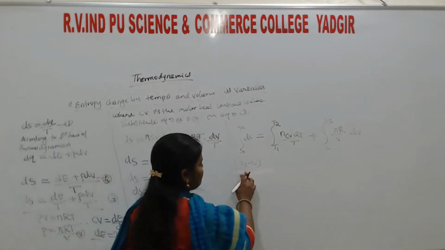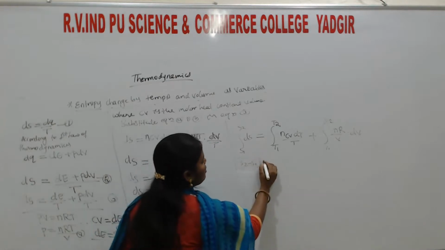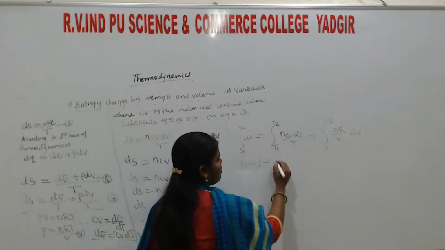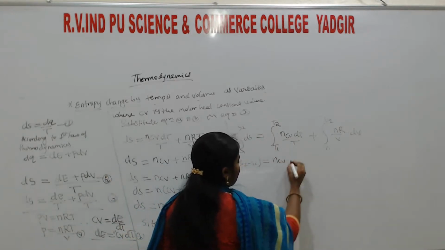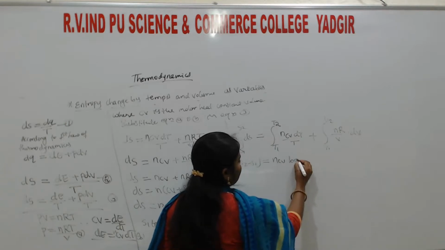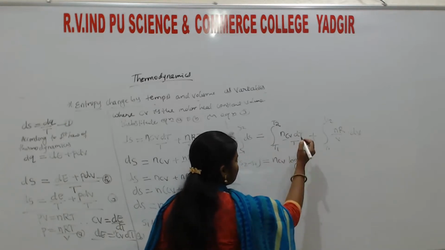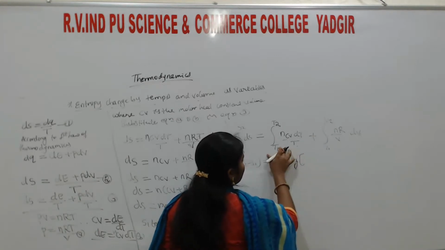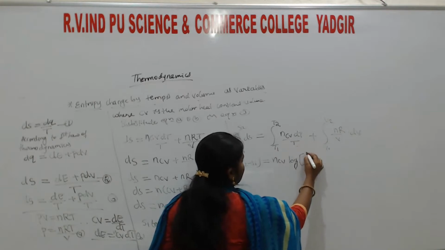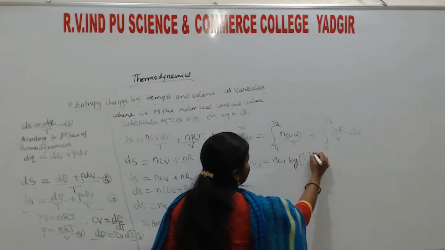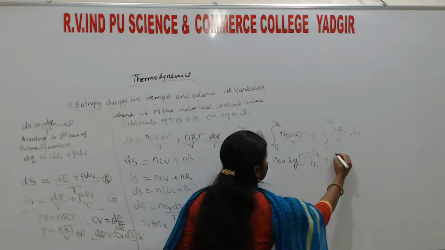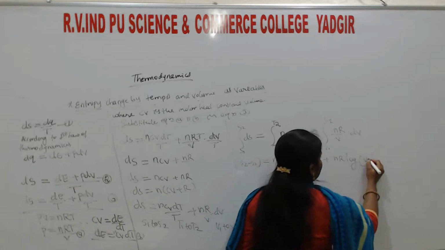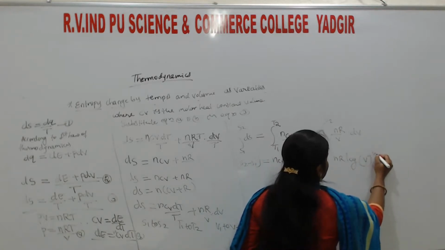So S2 minus S1 equals n CV log T from T1 to T2 plus nR log V from V1 to V2.